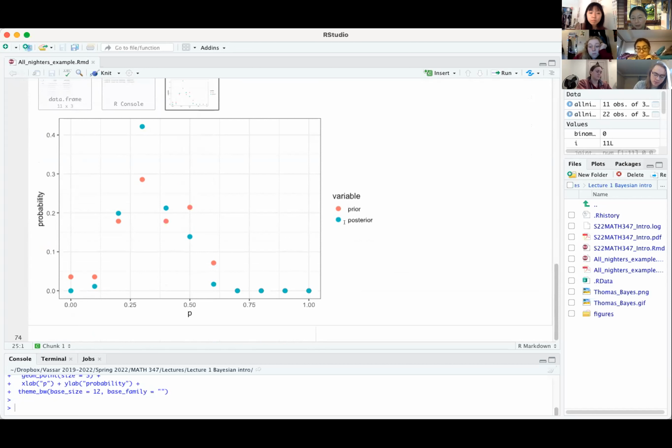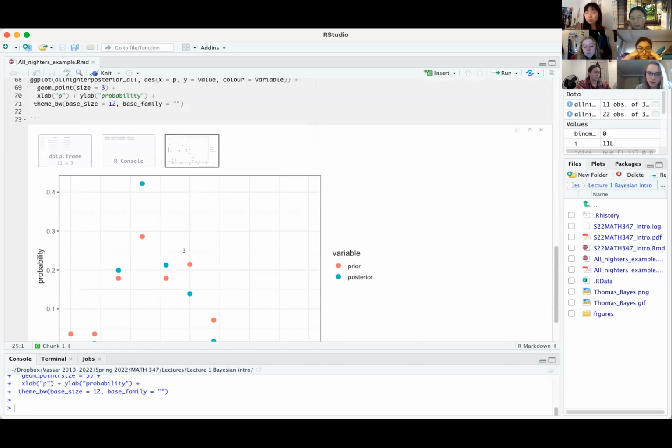Compared to that, the posterior has a much higher peak at 30%, which is not surprising because we know the data actually gives us 30%. But the other ones also have shifted probability changes. The 70, 80, 90, and 100% all still stay at 0 from the prior to the posterior. Nevertheless, we can see some kind of shift between, say, 20%, 40%, and so on.